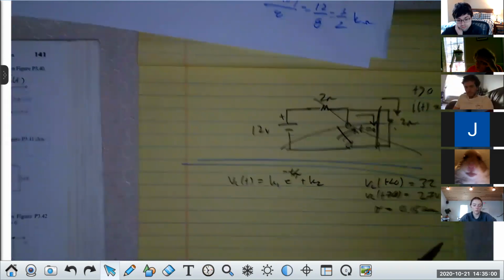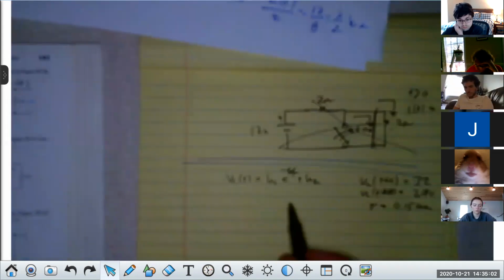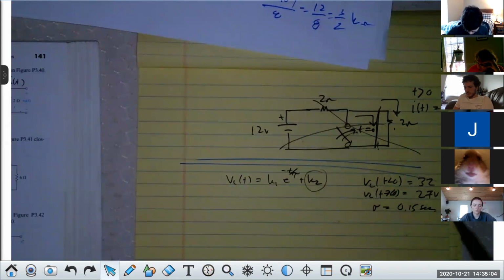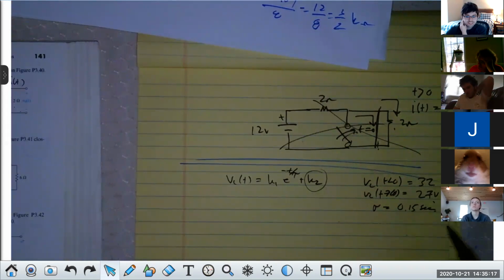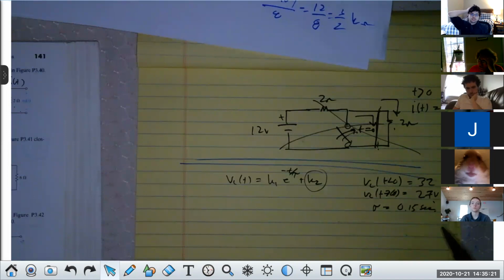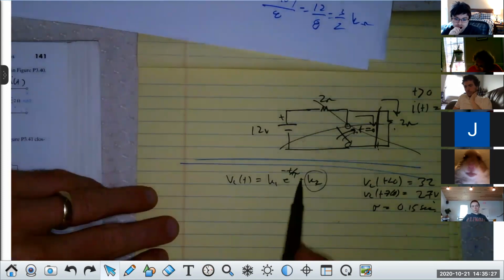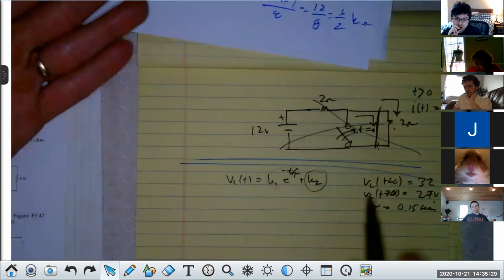Thank you very much. So do you all agree that K2 would be equal to the voltage as T equals infinity? Agreed? If you don't agree, can you give me a kind of reason for it? Okay, I'm going to take it you agree mostly. If you don't, tell me. I mean, you all see when time goes to infinity, this term goes to zero because of that exponential, right?